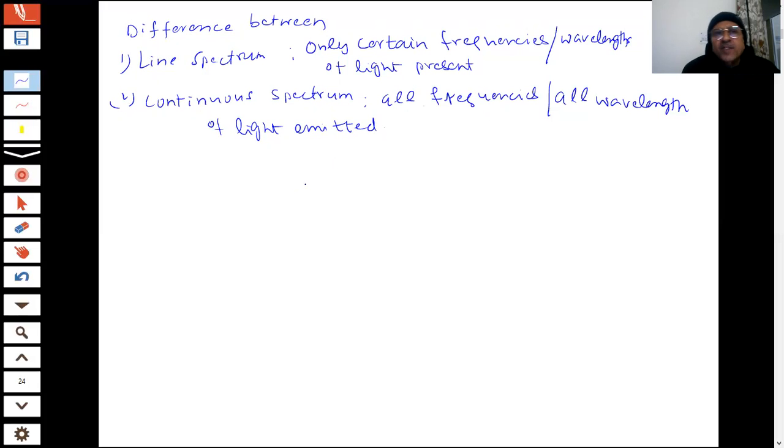What you are getting in the hydrogen atom spectrum is a line spectrum.